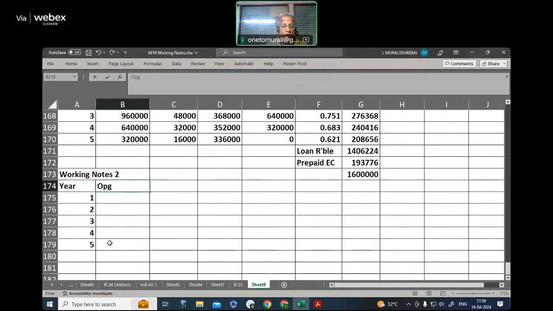Opening outstanding or opening loans receivable: how much is that? Only this much. How much is the interest income? Interest income is to be taken up at the rate of 10%.